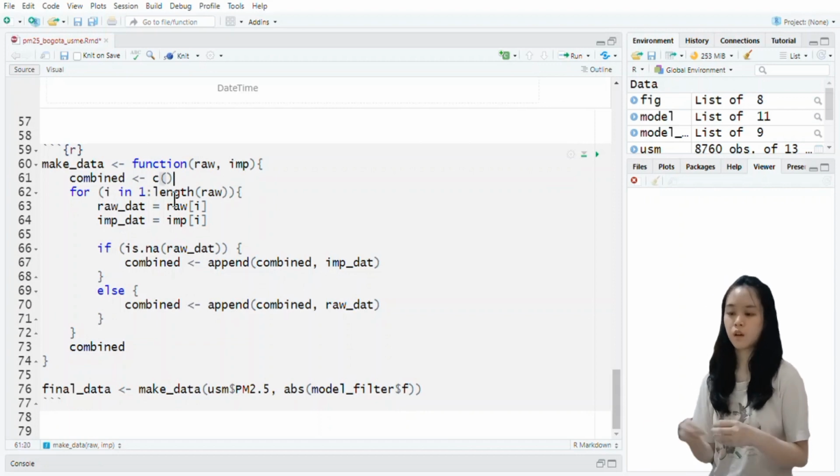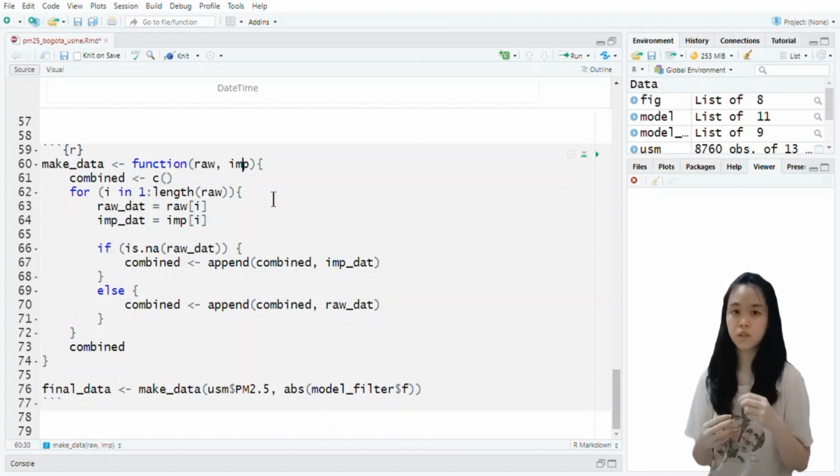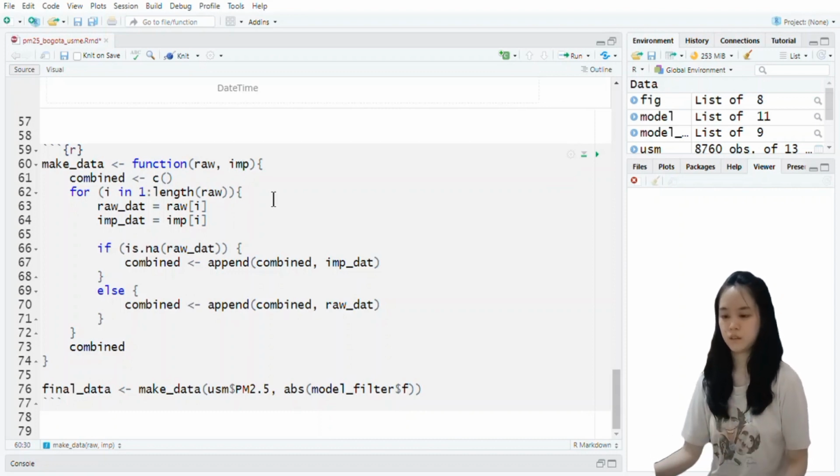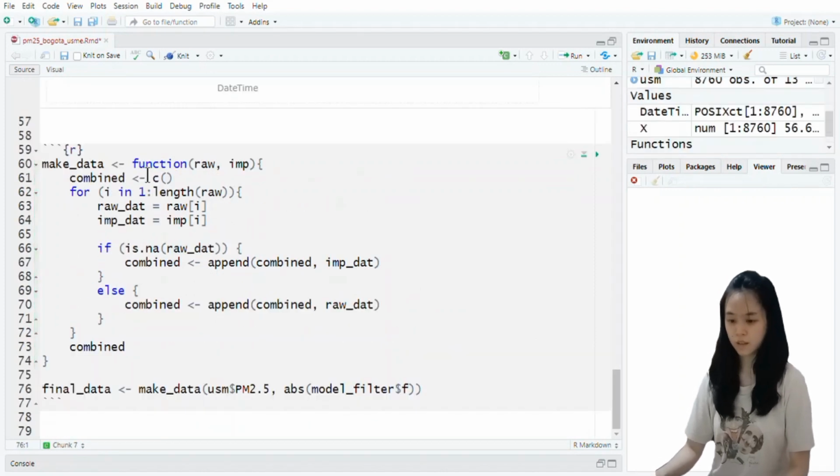And we are only taking the value from the imputed vector if the data in the raw vector is NA, or not available. So this is what this function is doing. Oops, sorry, I haven't run the make data definition.